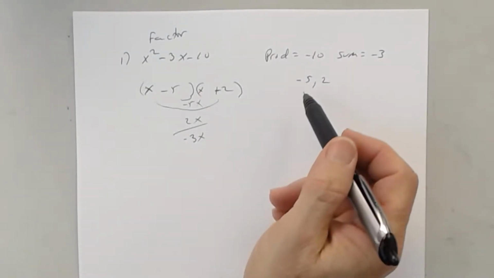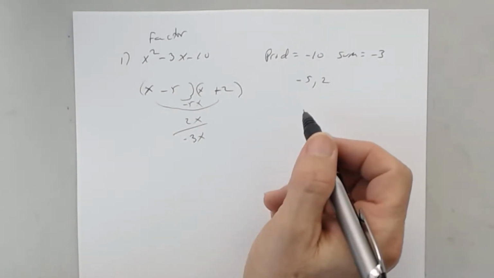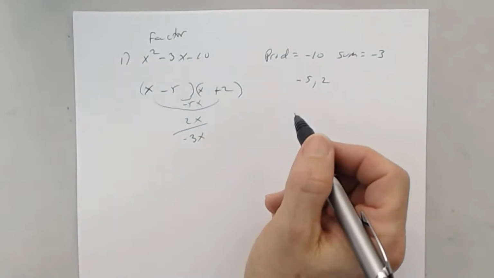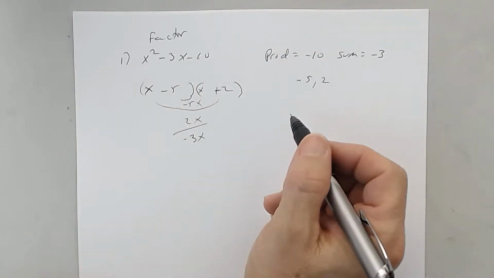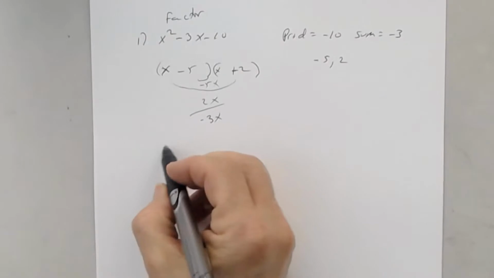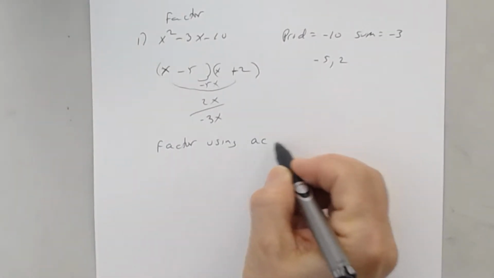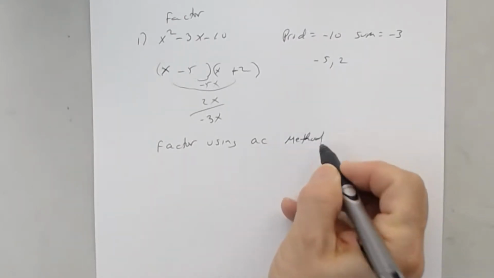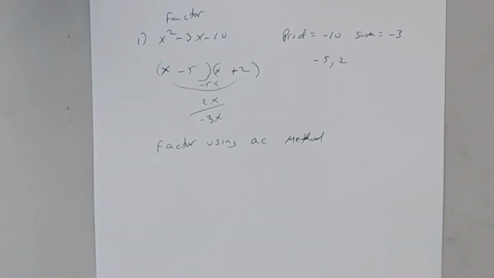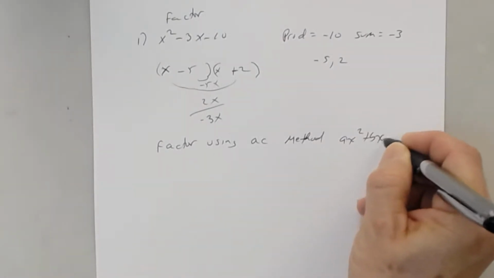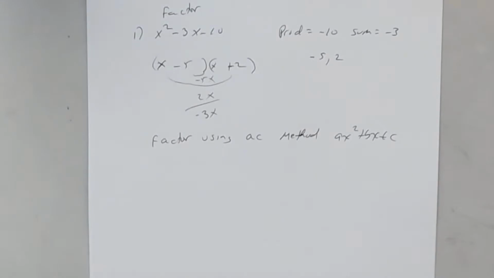This is an idea of the AC method. Notice I said AC. So let's talk about what I mean by A and C. So this is going to be factoring using the AC method. The standard form for a quadratic expression that we've been dealing with has been ax squared plus bx plus c.